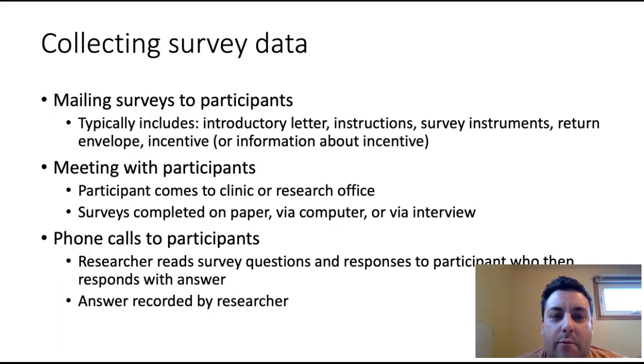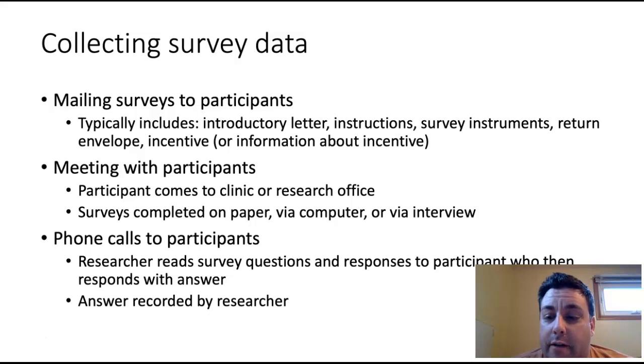So let's suppose that we're simply mailing surveys to participants. What we might do is assemble a packet of information and drop it in the mail. Typically, that packet or that package of information would include an introductory letter, maybe a consent form, some instructions, the survey instruments themselves, and then a return envelope, usually with postage paid on the part of the researcher, and then usually some information about an incentive.